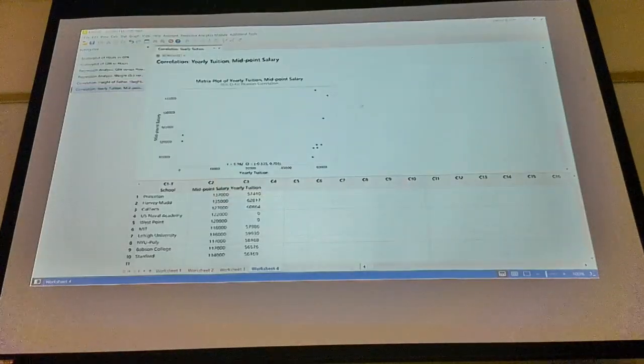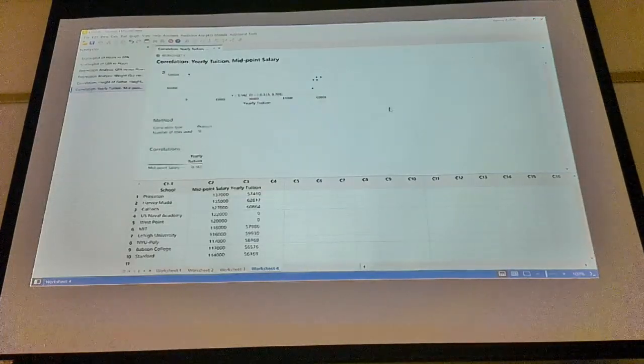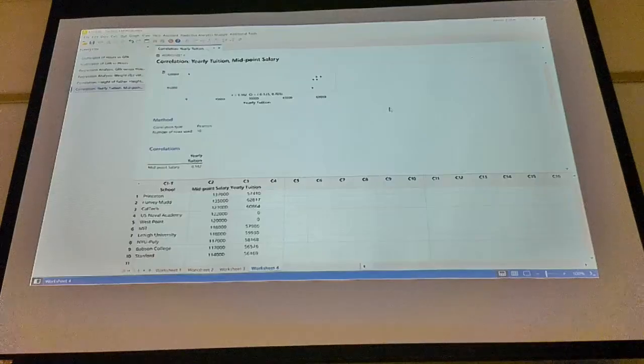So before I even look at the correlation coefficient, look at that scatter plot. Is there a linear correlation? No. There is no way that's right. Mid-career salary is Y, yes.